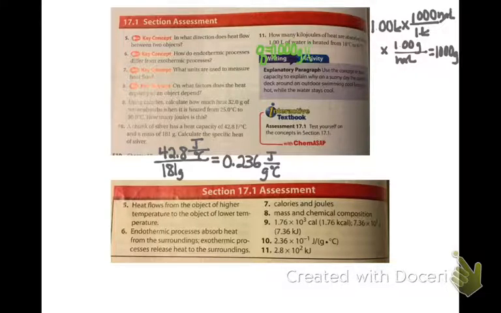I'm going to multiply it by the C sub P of water, 4.184 joules per gram degrees C, and the delta T would be 85 minus 18, and that gives me 67 degrees C. And my answer for that one in kilojoules, after you do converting, is 2.8 times 10 to the second kilojoules. Okay, so that's the work for number 11.